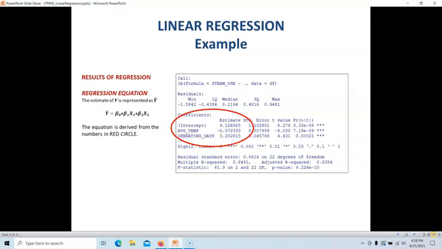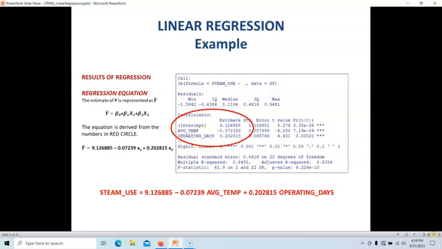So with this, we can plug this data into this formula, and we're going to say that our estimate is going to be 9.12 from right there, minus 0.07 right here, times the average temperature, plus 0.2028 times x2, which is our operating days. So our formula is this. Your steam usage in the month is going to equal this mathematical formula.